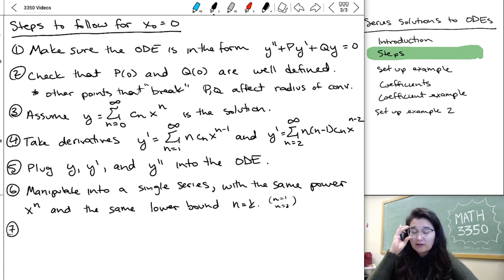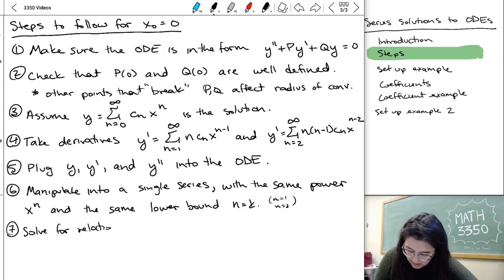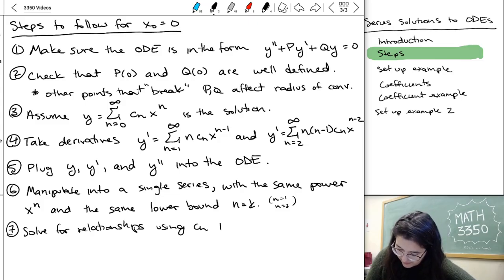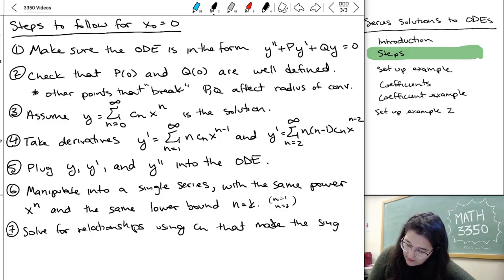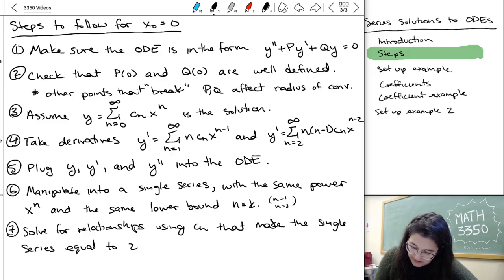Once you have it in a single series, you're going to solve for relationships using your coefficient c sub n that make the single series equal to 0, because the right-hand side of the equation is equal to 0.